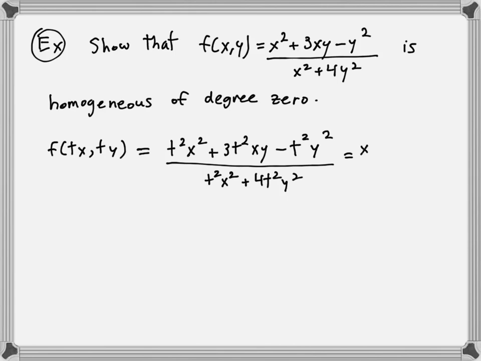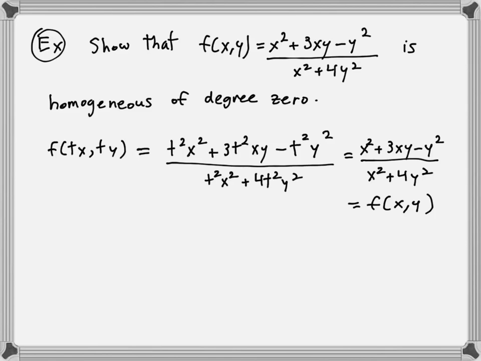And we end up with x squared plus 3xy minus y squared over x squared plus 4y squared. And you'll notice that what we ended up with is exactly the function, right?